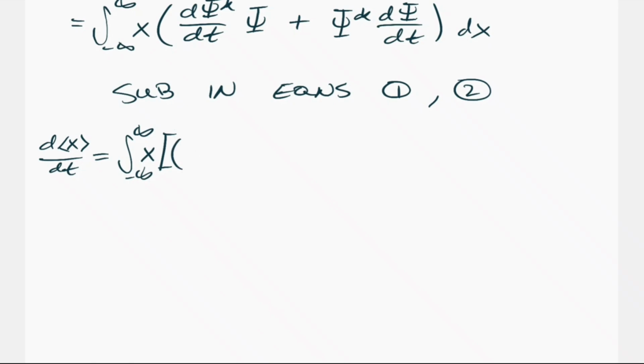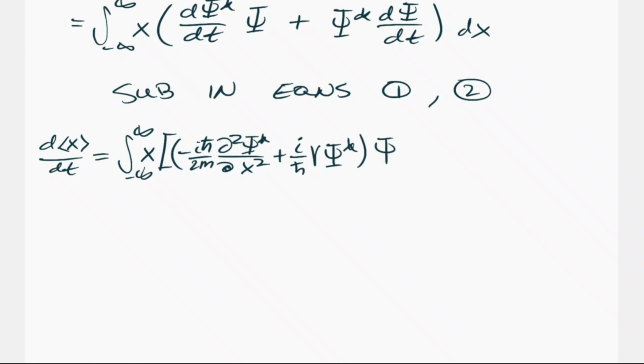So we're going to have negative i h bar over 2m, partial squared psi star/partial x squared, and then plus i over h bar, potential V, psi star multiplied by psi.